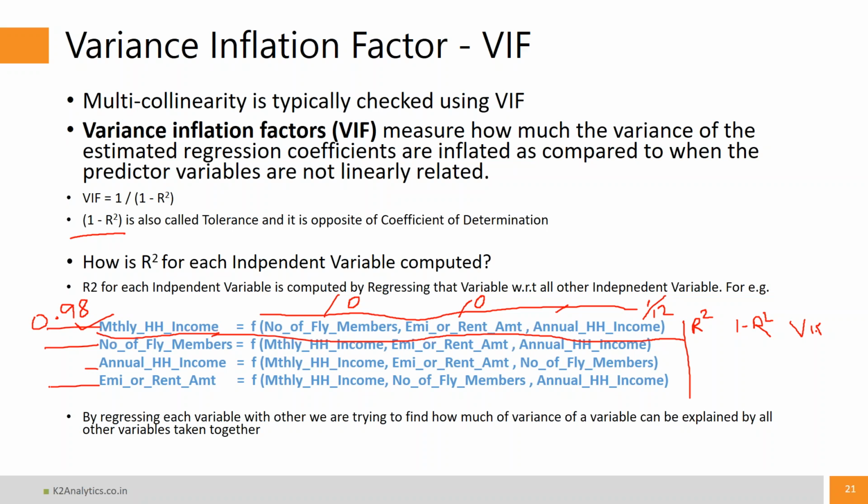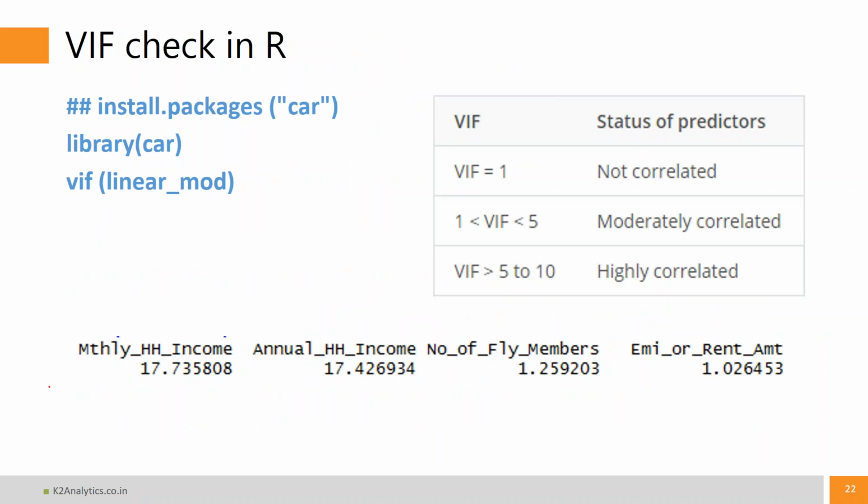Once I have computed VIF for all the independent variables, I need to now interpret the VIFs. If the VIF is equal to 1, there is no correlation. If the VIF is between 1 and 5, there is some moderate correlation, and there will always be some moderate correlation.